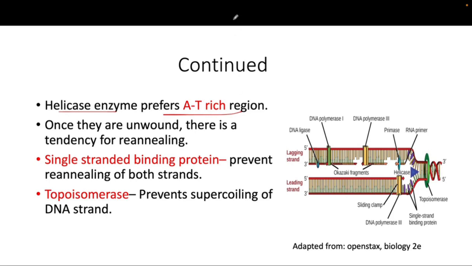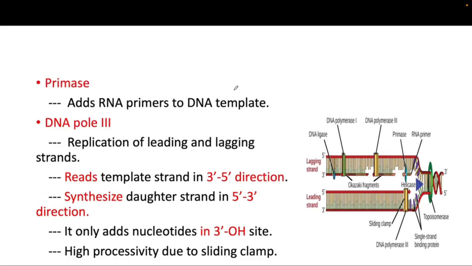There are two different types, topoisomerase 1 and topoisomerase 2. These two enzymes are very crucial and they prevent the supercoiling of the DNA. So the single stranded binding protein and the topoisomerase prevent the reannealing and the supercoiling of the DNA strand respectively. Okay.